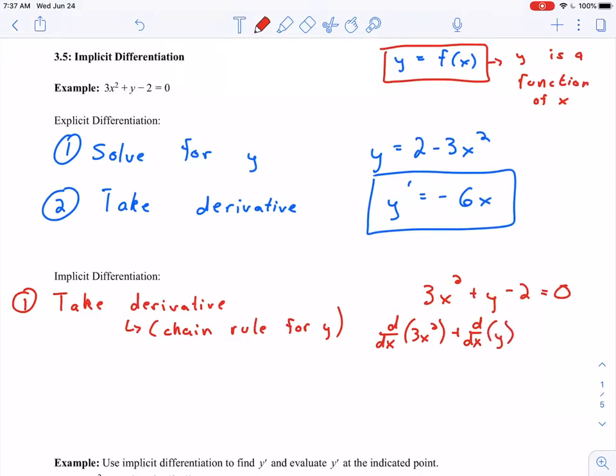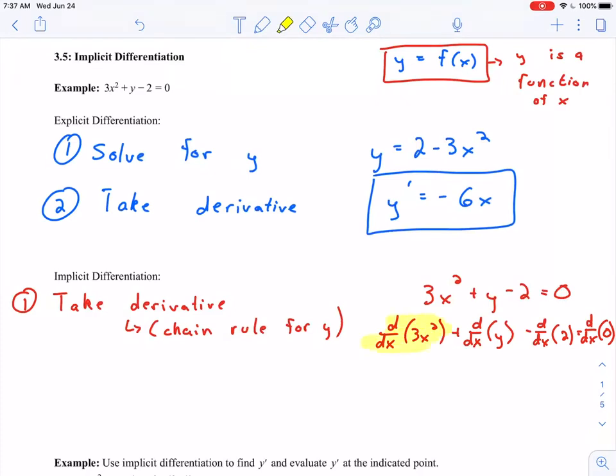We'll talk about it. Minus the derivative with respect to x of 2 equals the derivative with respect to x of 0. And I'm just going to work my way kind of down the line here and take the derivative of each one of these terms.